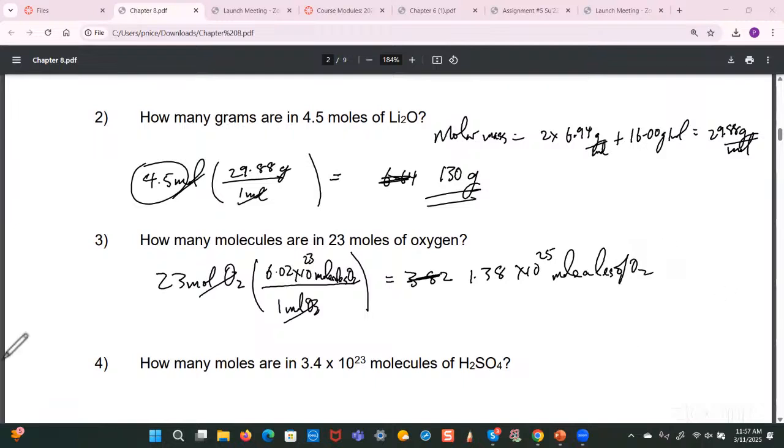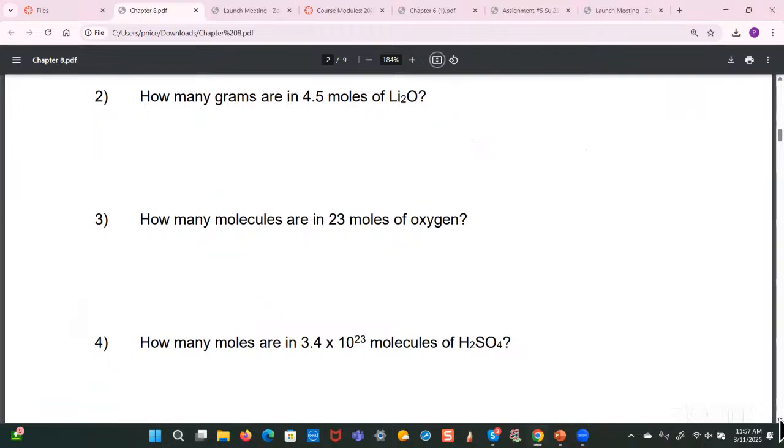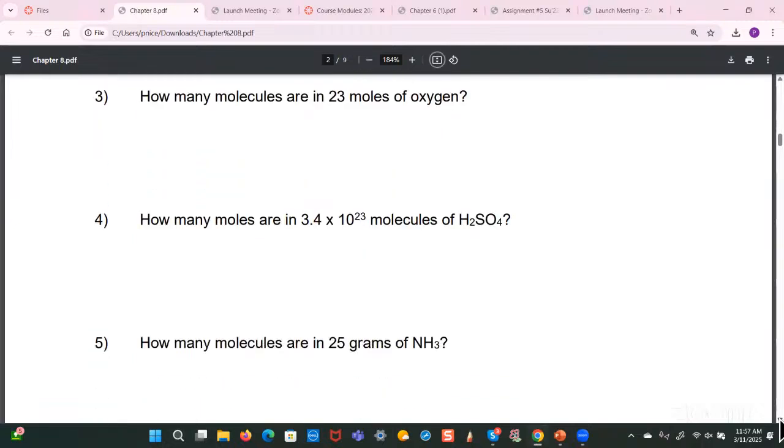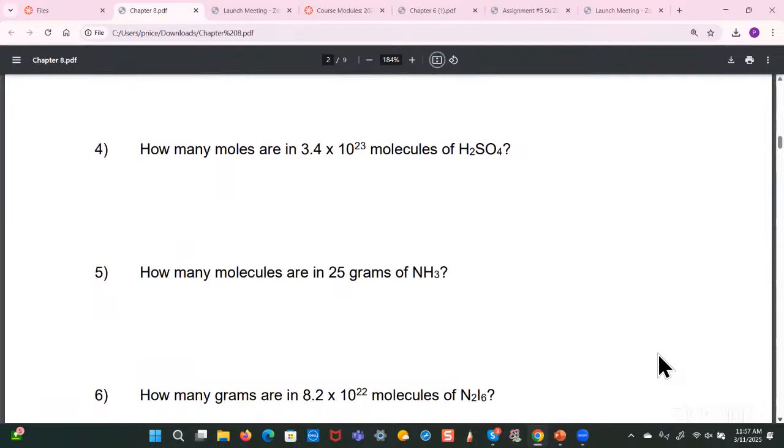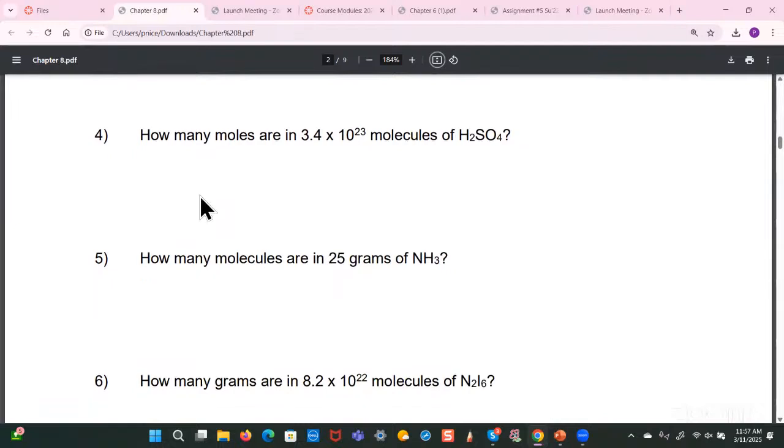Okay, let me scroll down. I can clear all these drawings here, right? So let me clear this and scroll down. Let's look at number 4. Number 4 is asking how many moles are in 3.4 times 10 to the 23 molecules of H2SO4. So how would you do that?